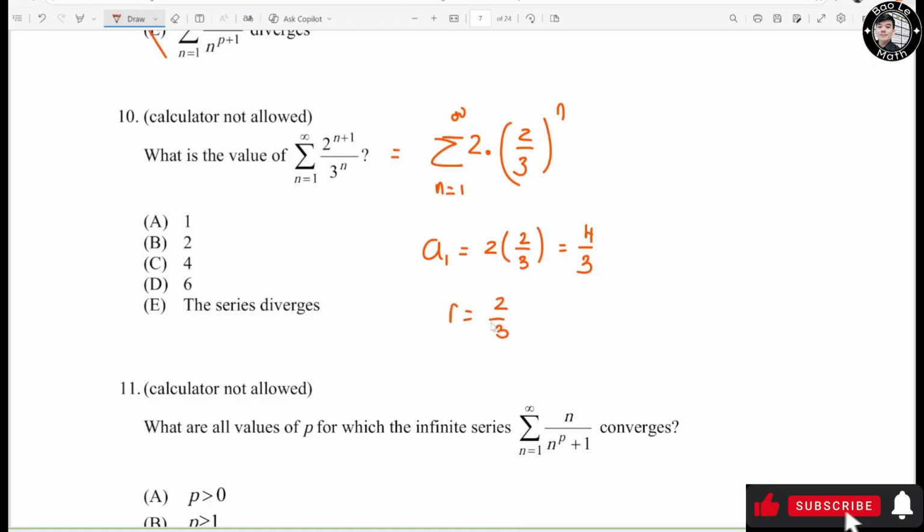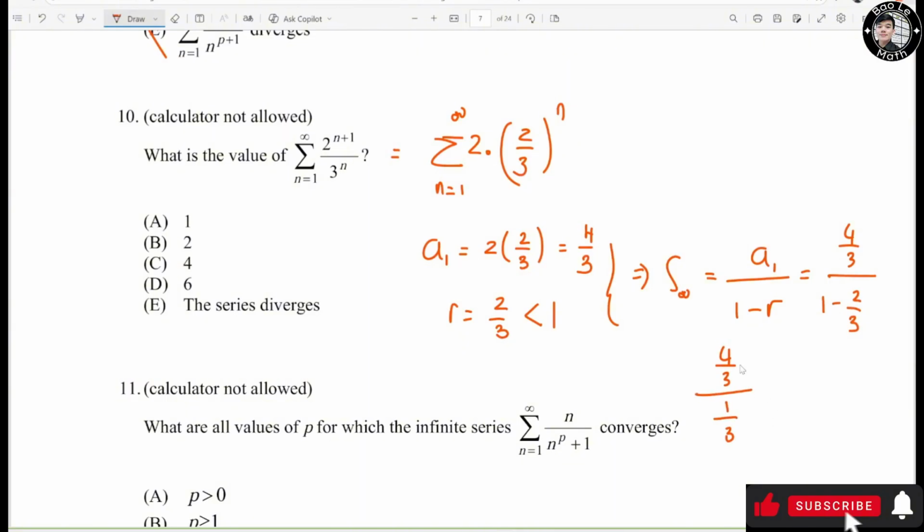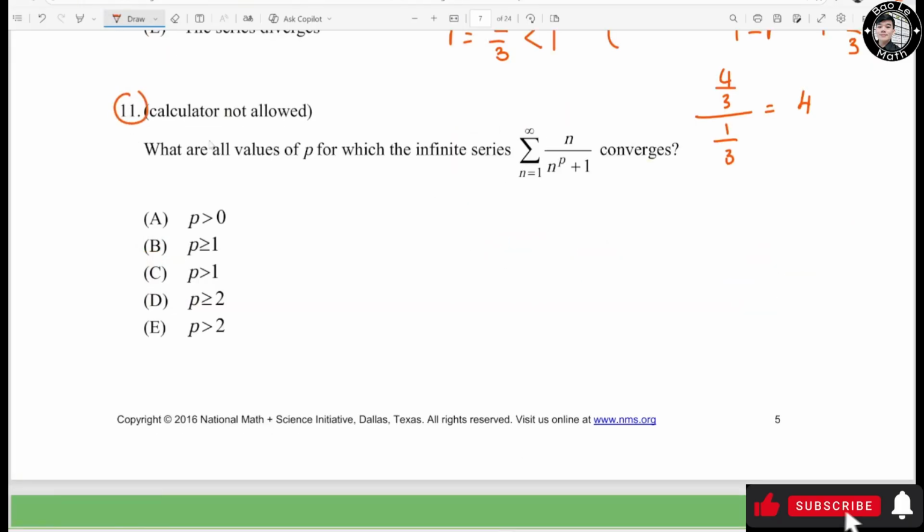Since 2 over 3 is less than 1, this is a geometric series and it converges to S equals a1 over 1 minus r. That's 4 over 3 over 1 minus 2 over 3, so it's 4 over 3 over 1 over 3. Multiply the top and bottom by 3, so the answer must be 4. The answer is C.